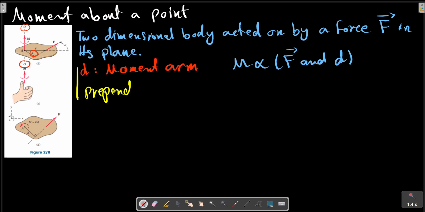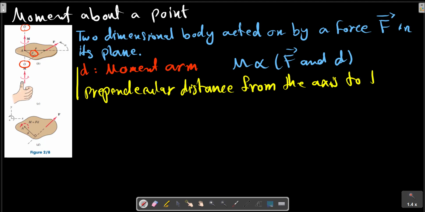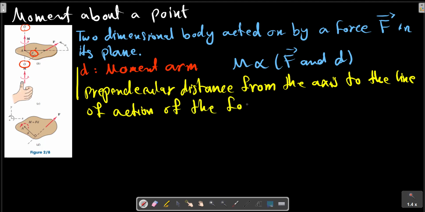Perpendicular distance from the axis to the line of action of the force, D. Therefore, the magnitude of the moment is defined as M = F D.